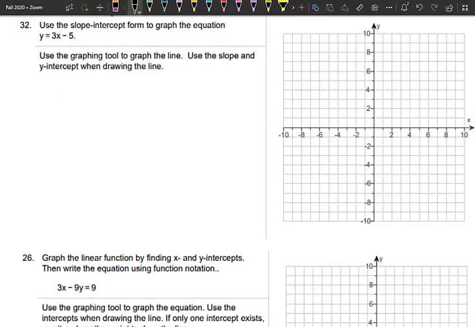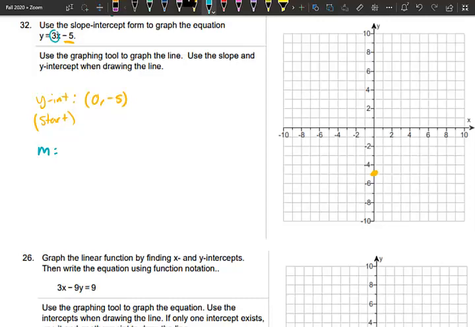Let's use the slope-intercept form to graph the equation. So to graph a line, we need it to be y equals mx plus b, which it is. So now that it is, there's two things we need. We need the y-intercept, which is called the start, and that's the number without x. So it's (0, negative 5). Now we plot that before we do anything else. And then we need our m.